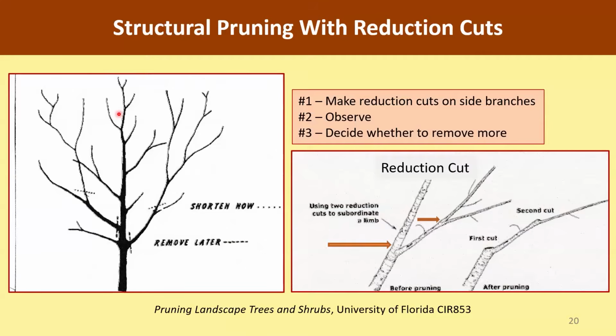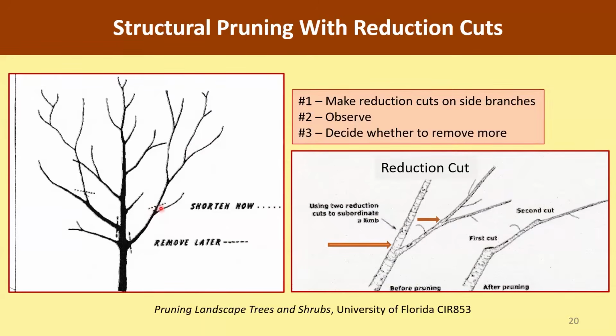So back to the stick tree, with the side branch on the right, we can remove some growth by making a cut here, remove the upright portion. But what is maintained may continue to grow at a rapid enough rate, and we may have to come back and do more cutting.